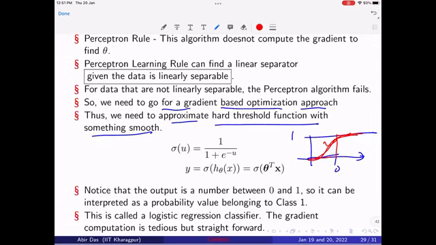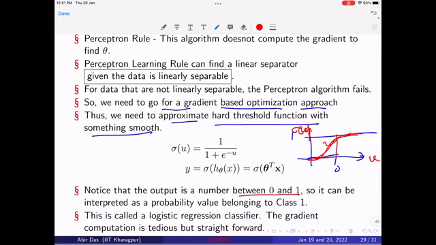We'll see. That smoothing function, all of you know from the machine learning lecture, is the logistic function. It is defined as sigma of u, so this is u and this is sigma u, equal to 1 over 1 plus e to the minus u, and it always outputs a number between 0 and 1.